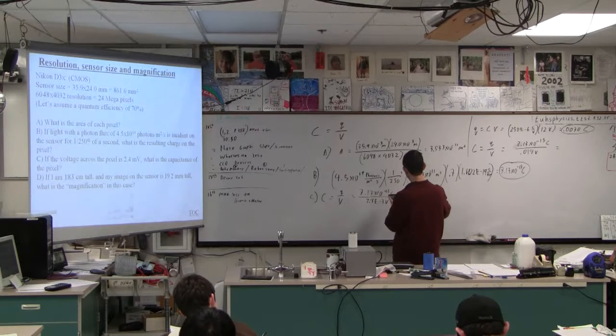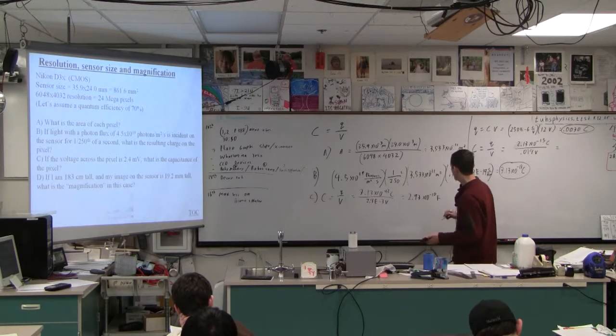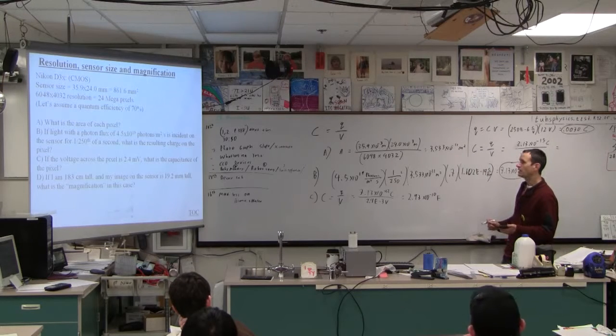And I get that the capacitance is an unlikely 2.97 times 10 to the minus 10 farads. I highly doubt that, because that's 297 picofarads. Seems like a big number, but it might be.